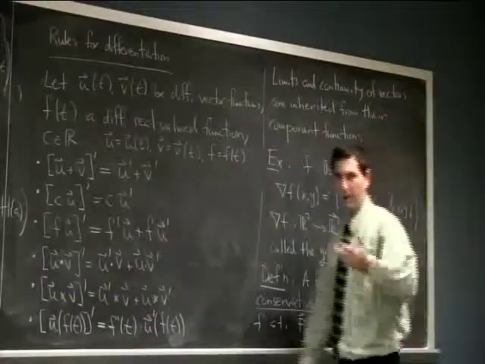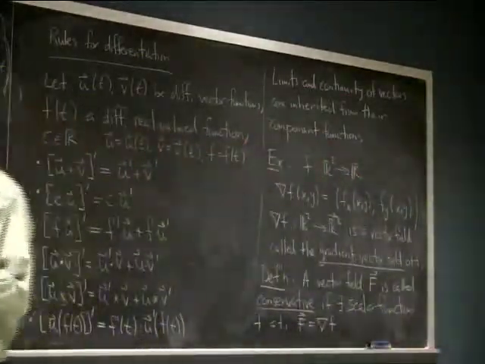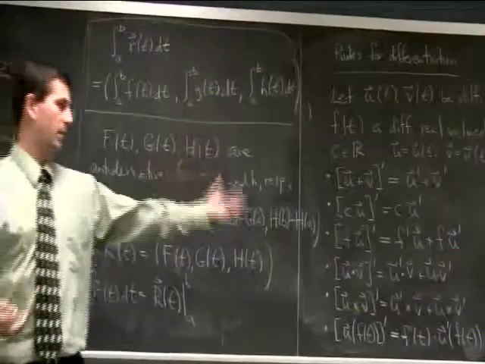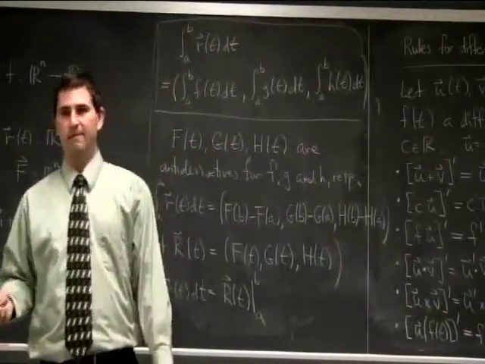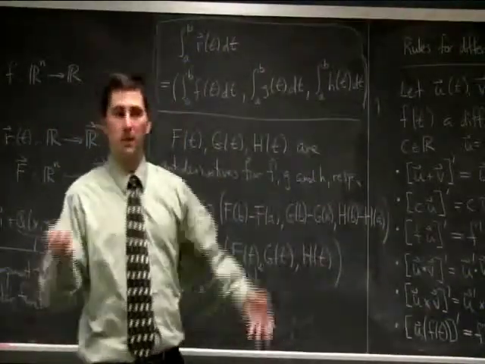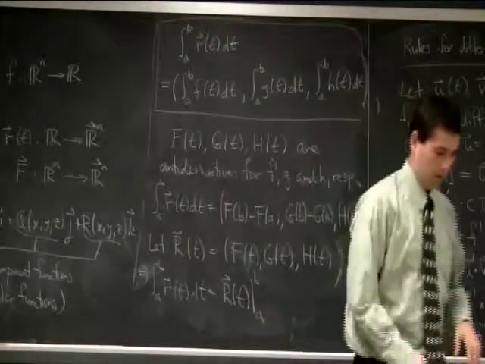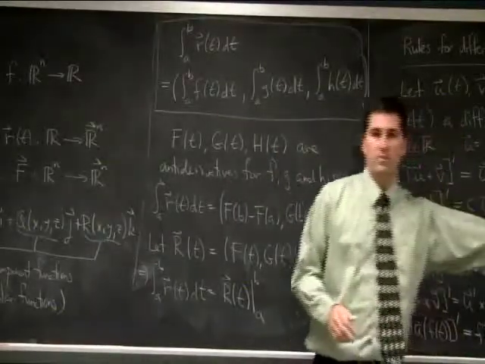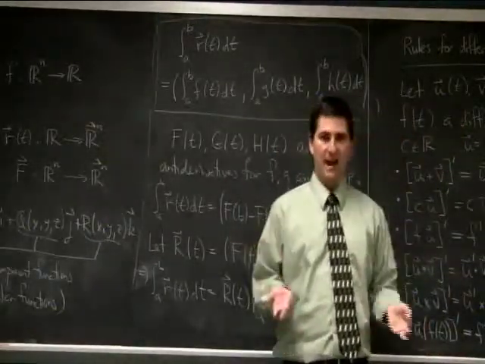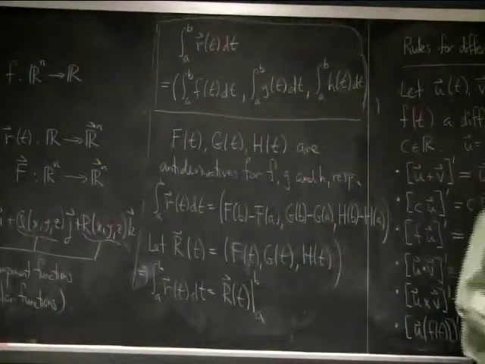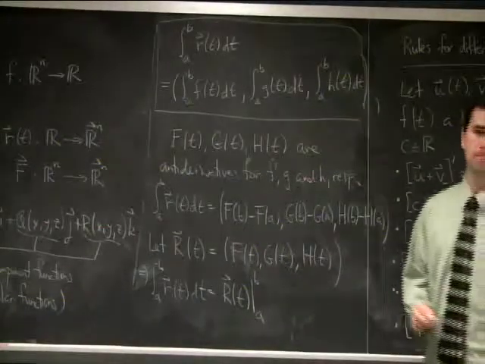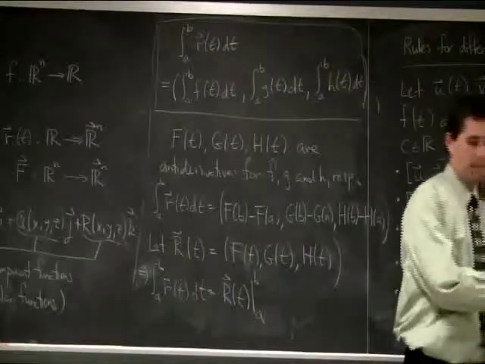So if your vector field is the gradient of some function, then you call it a conservative vector field. It's also a gradient vector field, but it's called conservative. So one of our first questions is going to be, how can you detect when a vector field is conservative? Okay, so we'll pick up on that tomorrow.